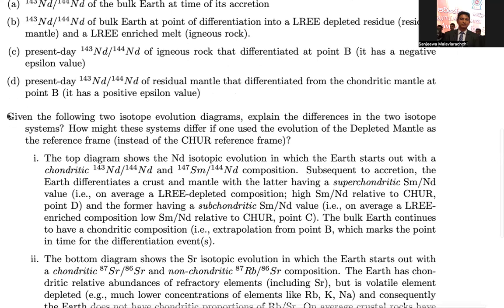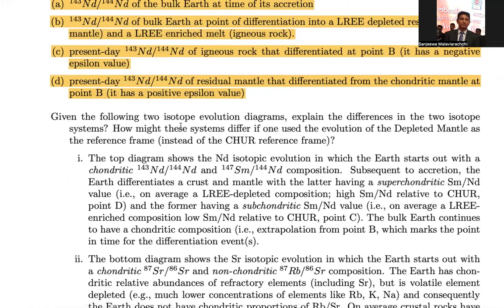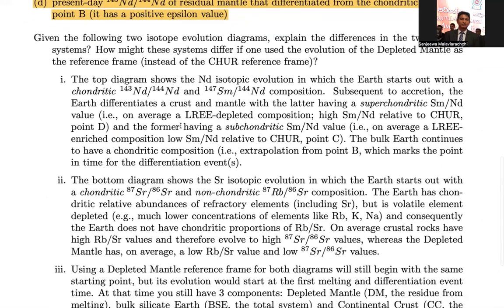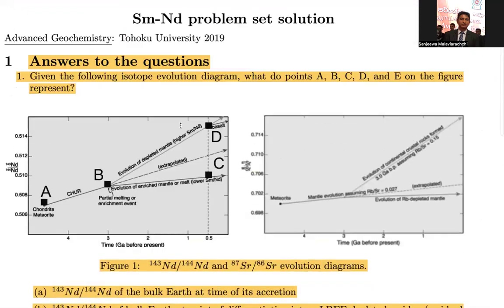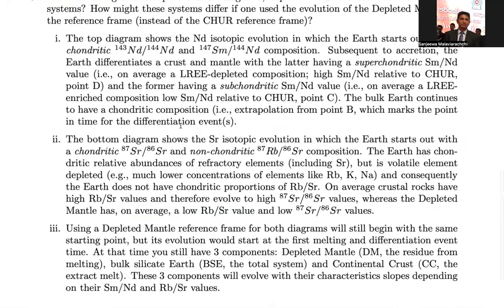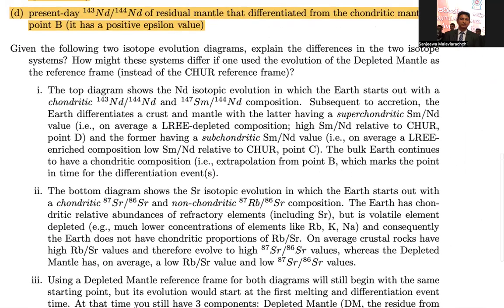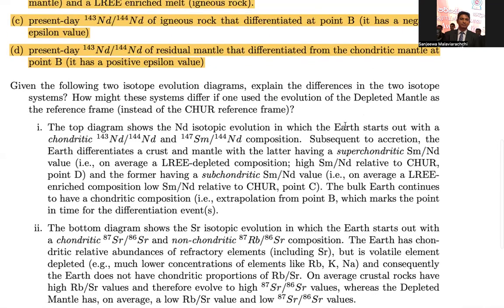another question. Sorry, we finished the above thing. And then, given the following two isotope evolution diagrams, that means the two diagrams that we considered before, right? These two. Isotope evolution diagrams, explain the differences in the two isotope systems.